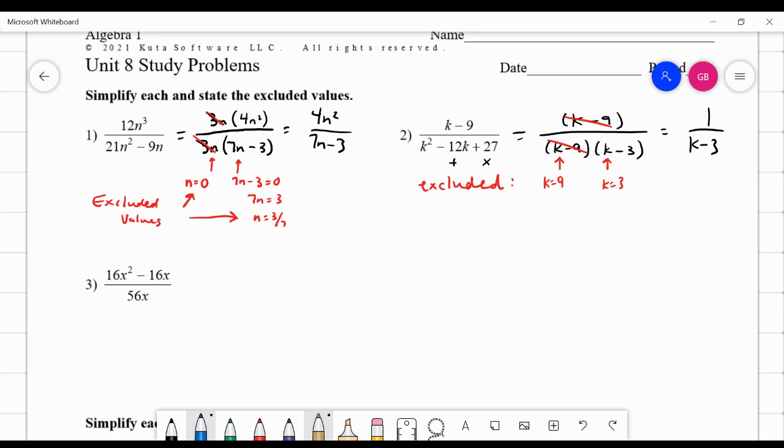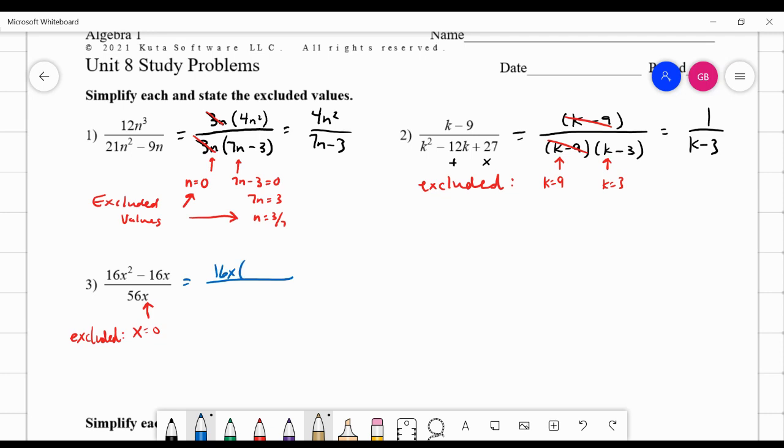Okay, for number 3, we could quickly find the excluded value. There's only one. Okay, when x is 0. Okay, 56 times 0 would make it 0. So now we could factor. The GCF on the numerator is going to be 16x.